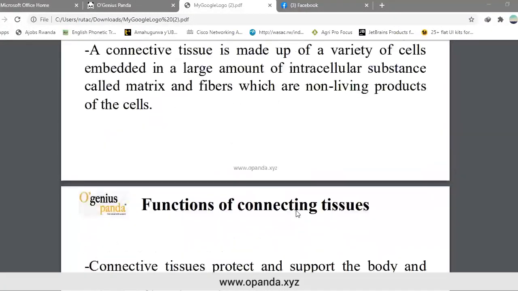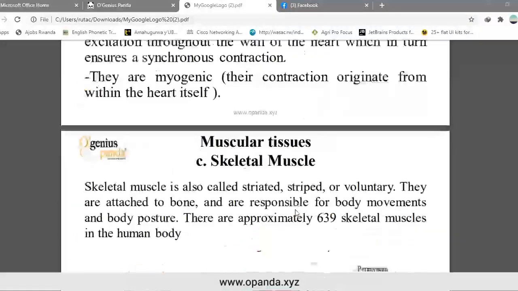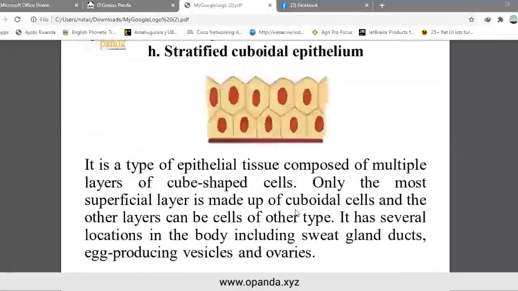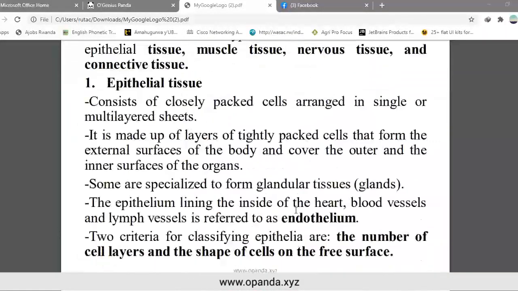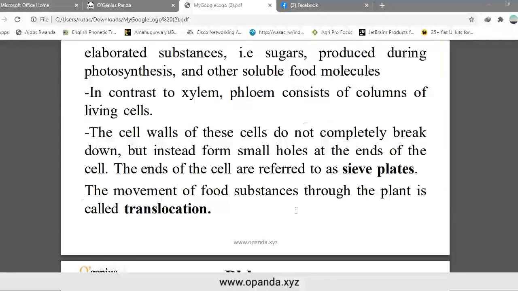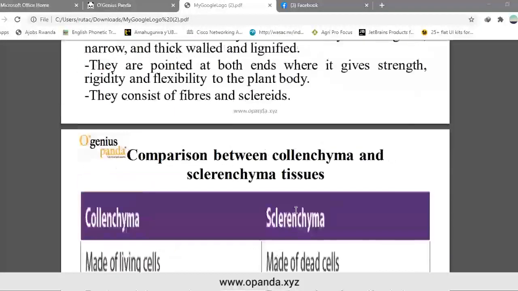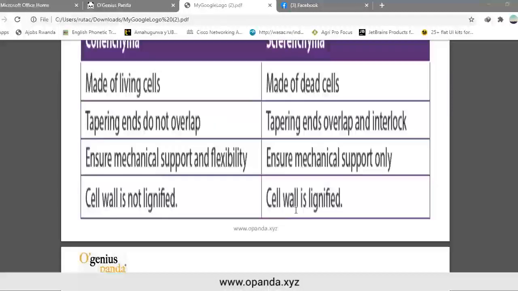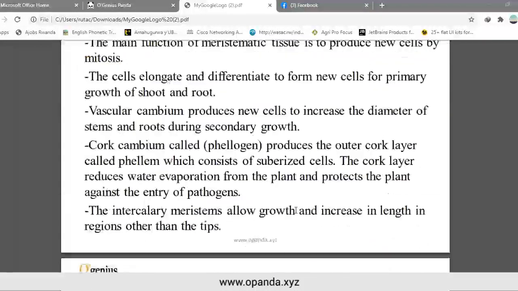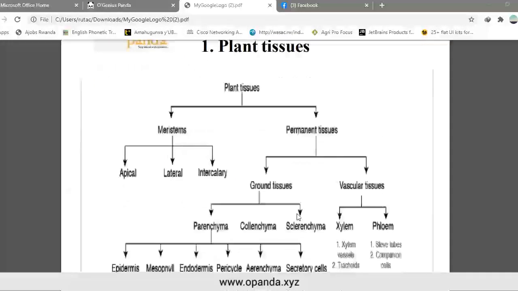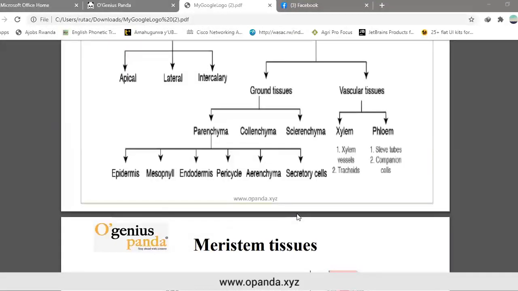You have types of tissues, please. Okay, secretory tissues.